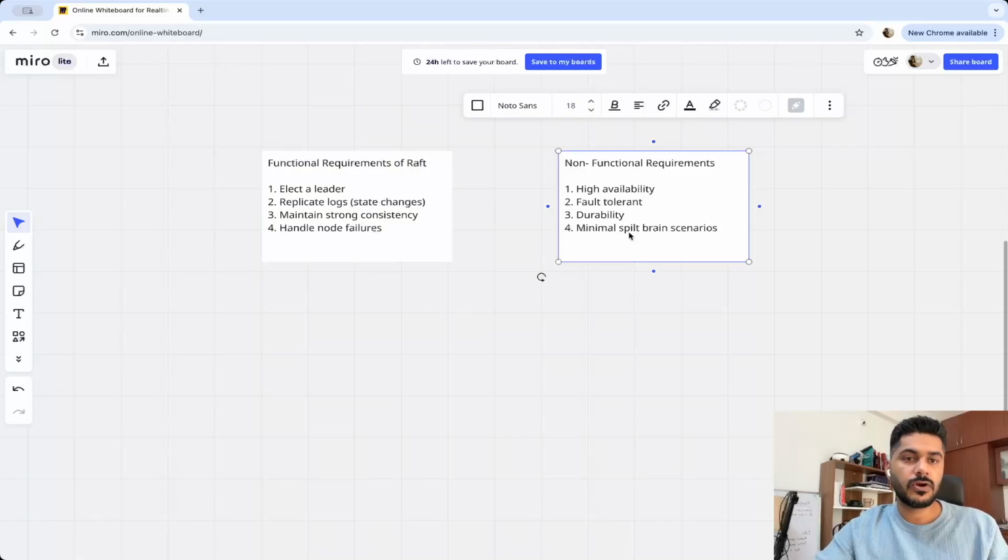Coming to non-functional requirements: high availability, because these systems are ones that services depend on. If their availability is lower, it will impact the overall service.